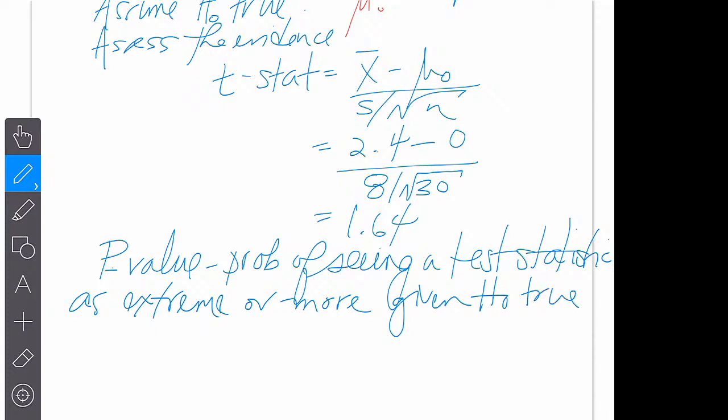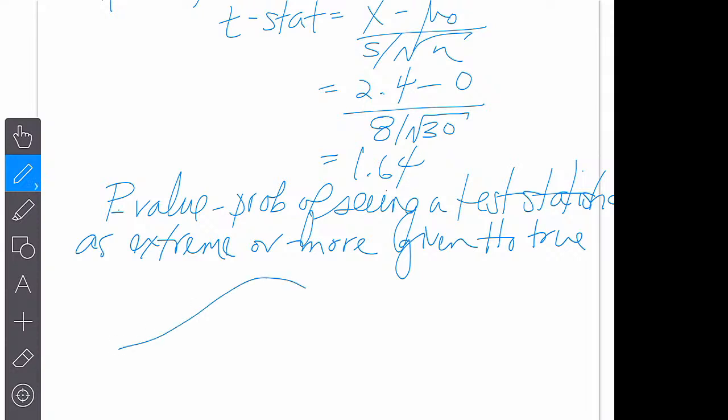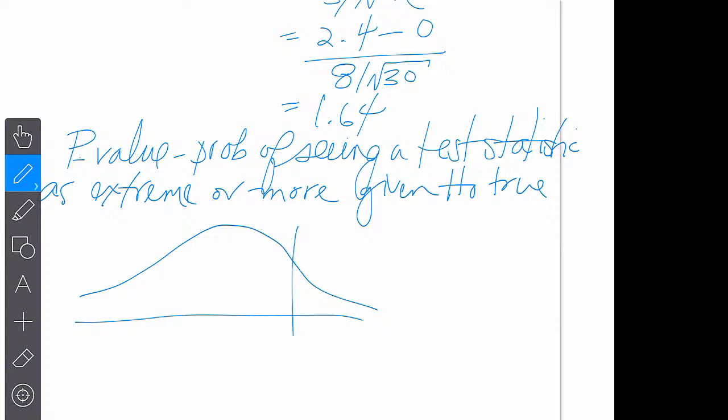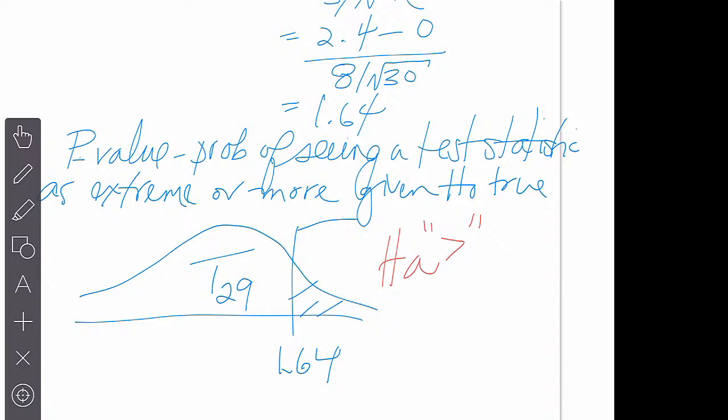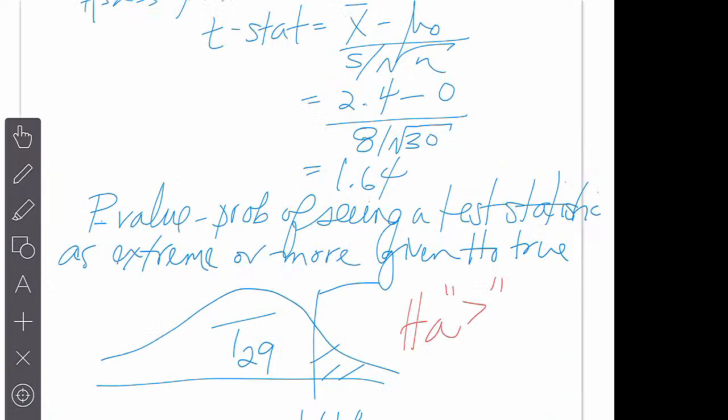So we draw a picture. We put our test stat on the picture and we go in the direction according to the alternative hypothesis, greater than, and you find the probability here. So what's the probability of being 1.64 or higher in the T29 row of the t-table? So you tell me that.